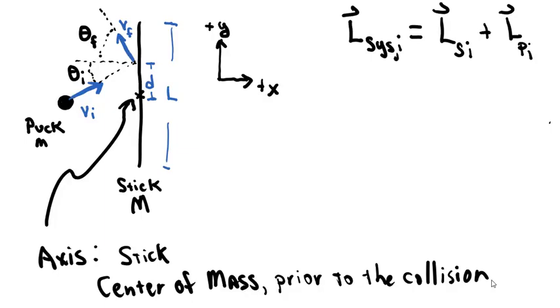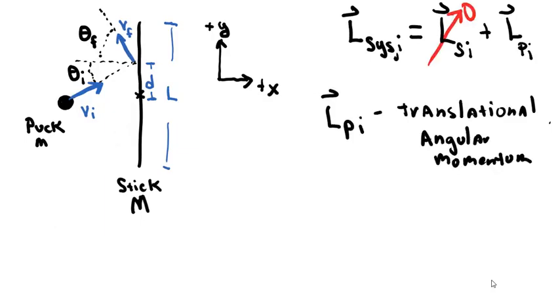We'll use this choice for computing all rotational quantities in this example. Now, the total angular momentum of the stick is initially zero because it is neither translating nor rotating. The total angular momentum of the puck is due to its translational angular momentum.